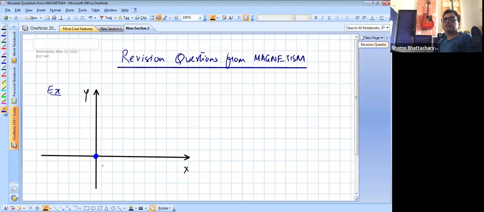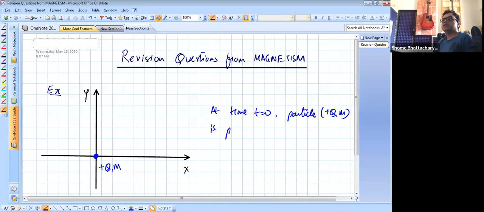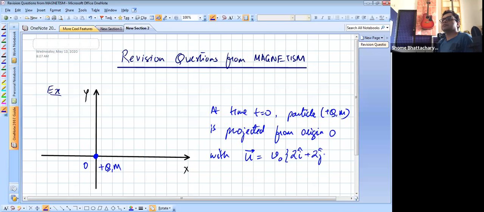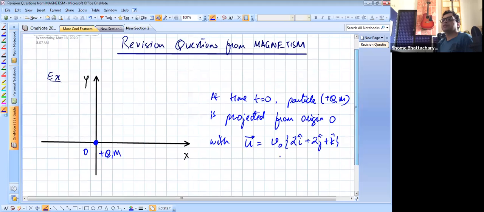Let's say we have a charged particle of charge plus Q and mass M. Now at time t equal to 0, the particle is projected from the origin over here with an initial velocity u of this kind of velocity inside a uniform magnetic field.